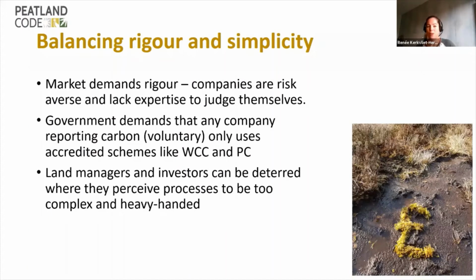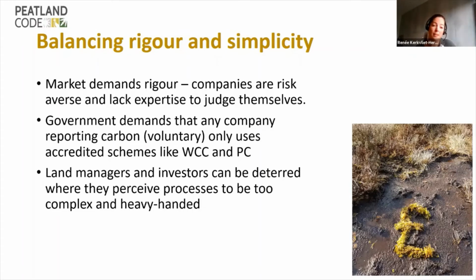So what we're doing in the code is that we're always balancing rigor and simplicity. So it is sometimes a difficult balancing act. Obviously markets demand rigor, companies are risk averse and they lack the expertise to judge which standard or which carbon units would be best and safe to invest in.